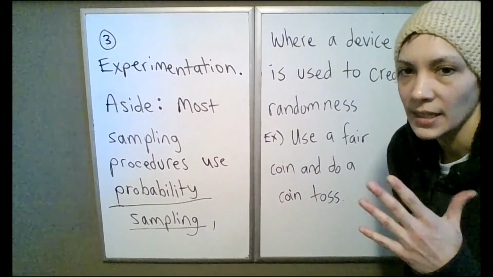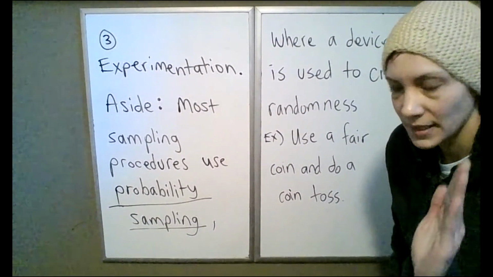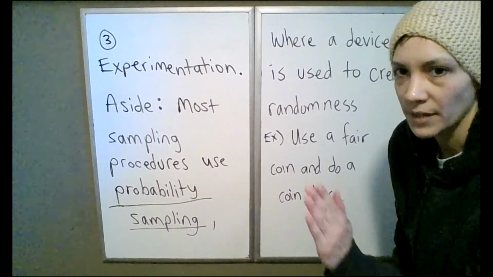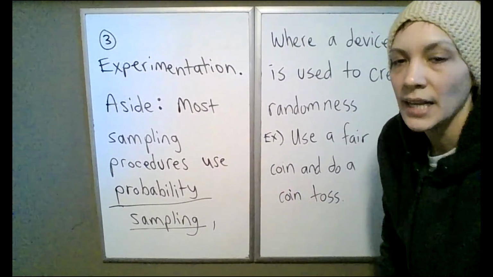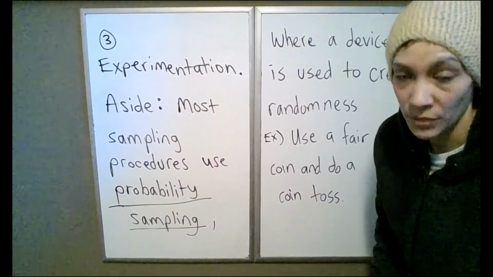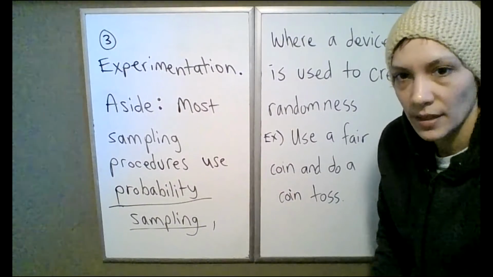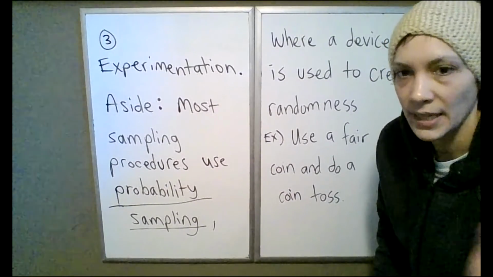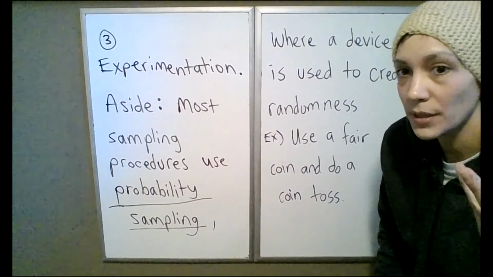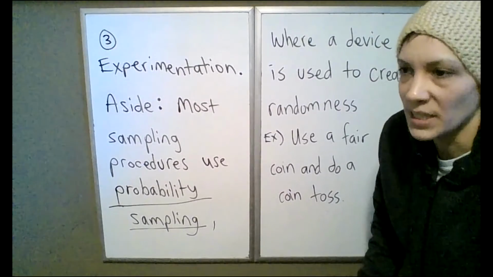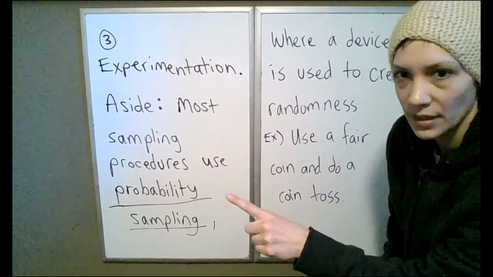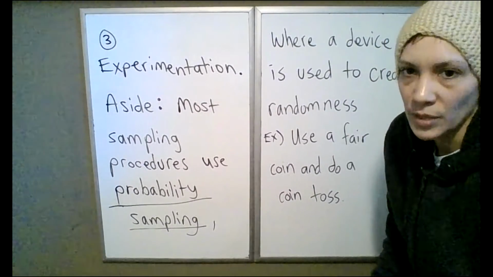Or maybe there's 10 people and they give each person a number, 1, 2, 3, 4, 5, 6, all the way up to 10. And then I Google random number generator and set a limit between 1 and 10, and then click, and it gives me some random number. Let's say it gives me 7, I pick person number 7 from the group to be in my sample.